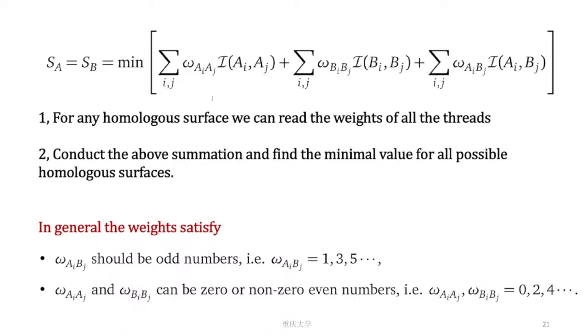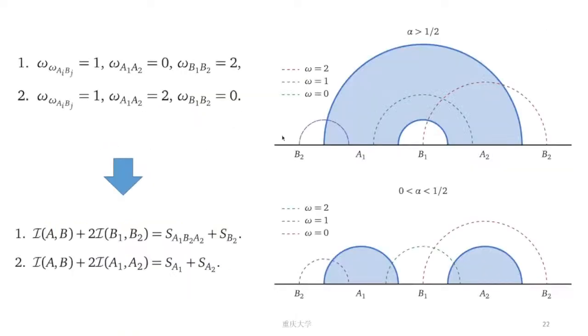The weight is given by some arbitrary homologous surface anchored on the boundary of A. You should consider all configurations of the homologous surface.